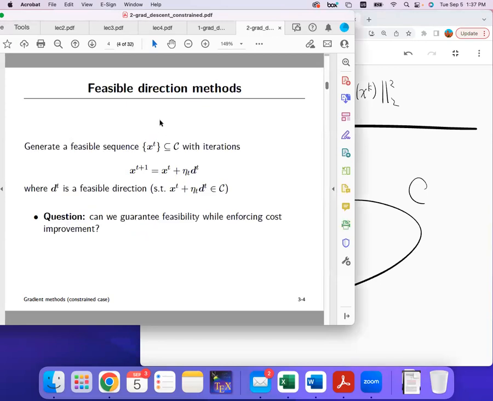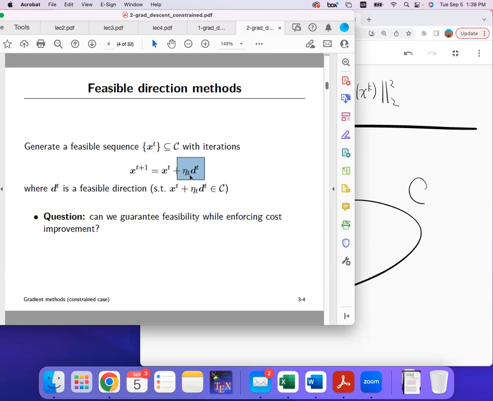So the idea is that if you just follow the negative gradient, you may violate this feasibility set. Instead of doing that, we still consider the same update rule as gradient descent. Every time you apply a step size multiplied by some update d_t.